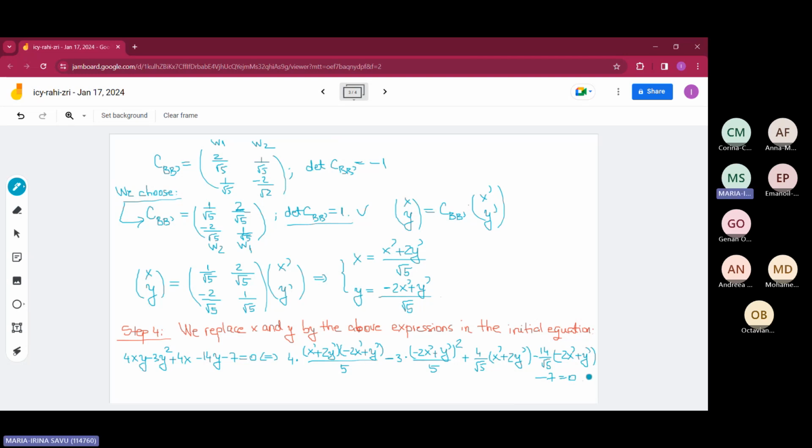Okay, and I will give you 2-3 minutes to make the computations here and to see the form that you get in the end after adding the terms with x prime squared and so on. Okay, so make a few computations here.